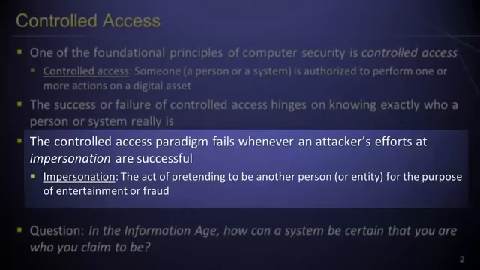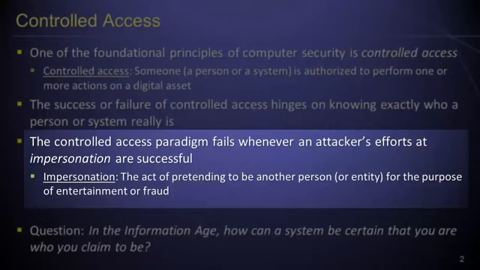And this is because the attacker has convinced the system that he or she is a legitimate user and has therefore circumvented our efforts at allowing only authorized parties to perform actions on our digital assets.